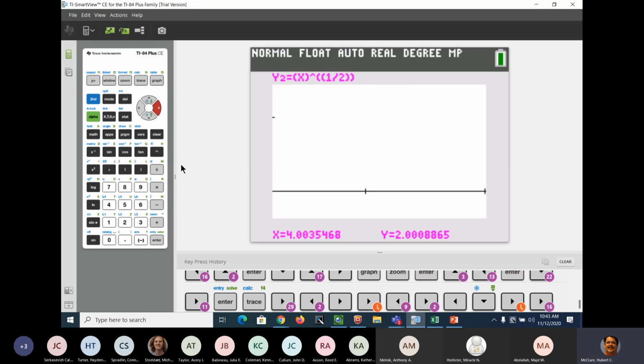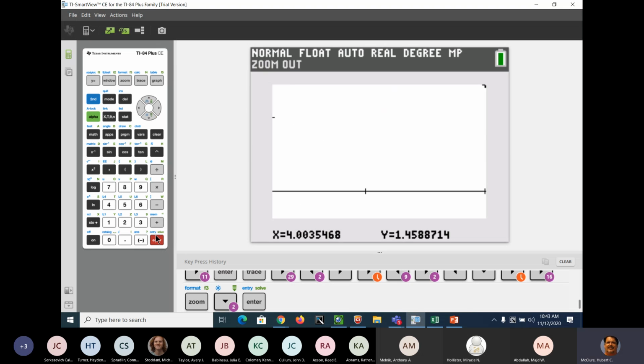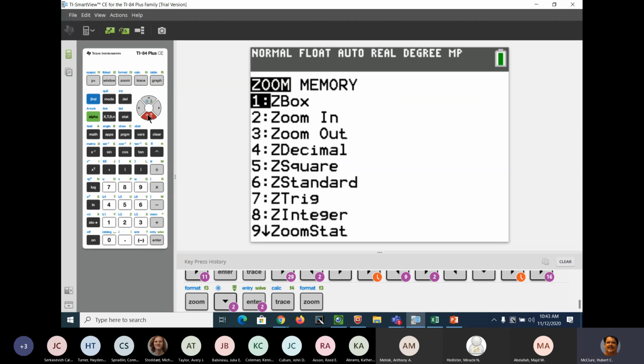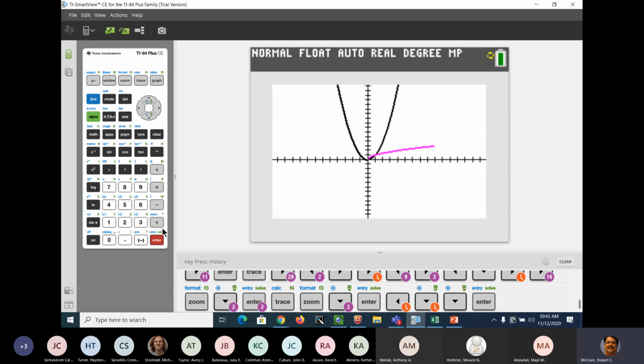Ding! Let's zoom out. Dadgum. Don't even zoom out. Okay, there it is.